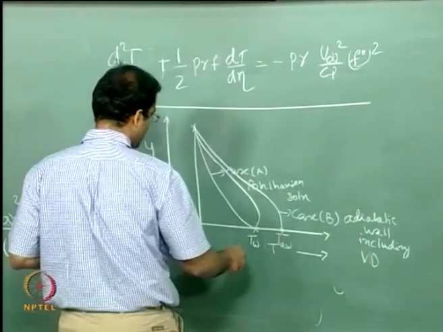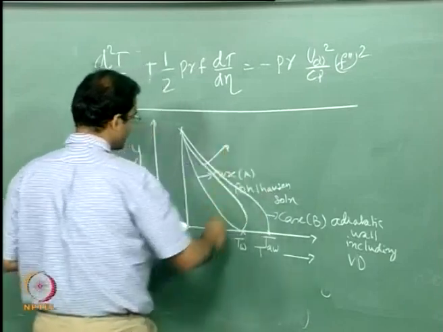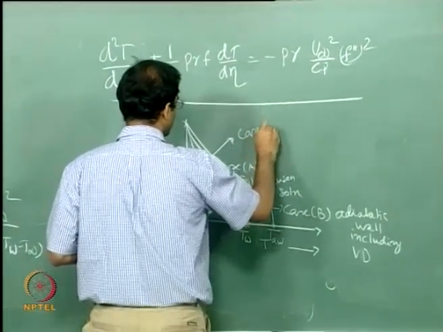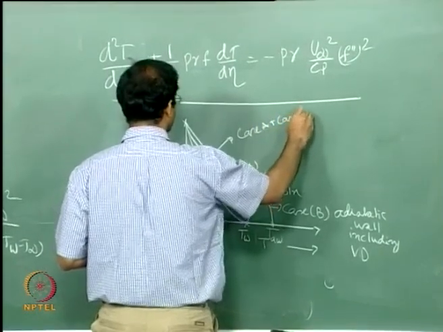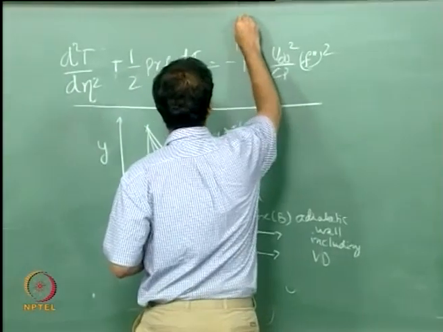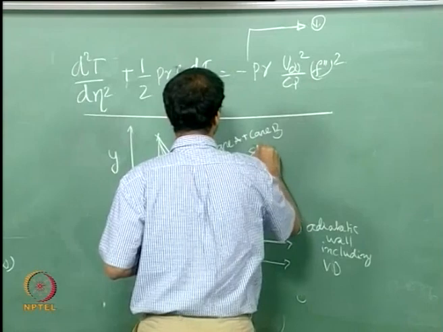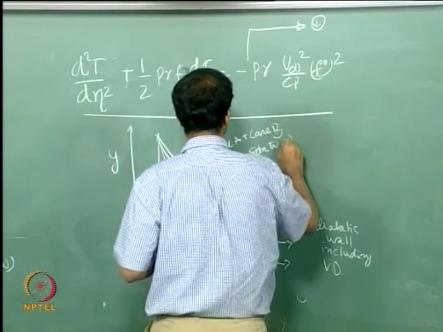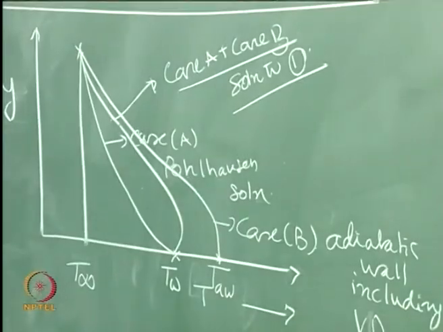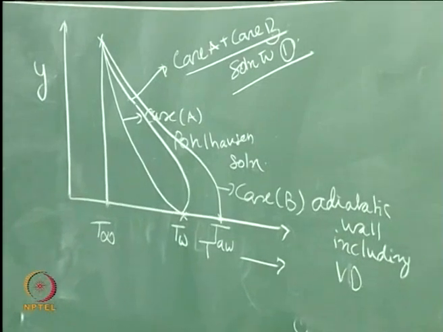Now what I have drawn here, this profile, is for case A plus case B, which is actually the solution to equation number 1, with the boundary condition that you can have either a constant wall temperature or the adiabatic temperature.